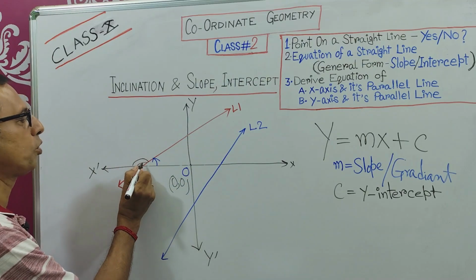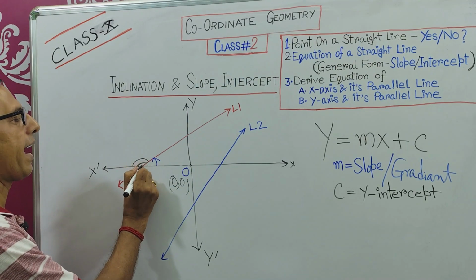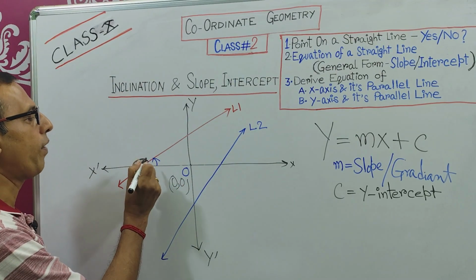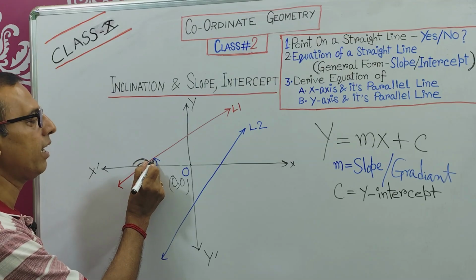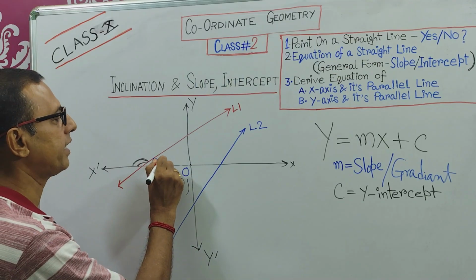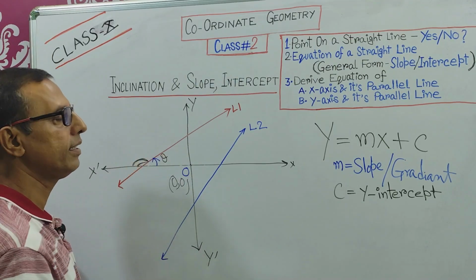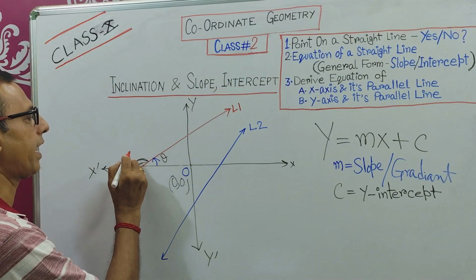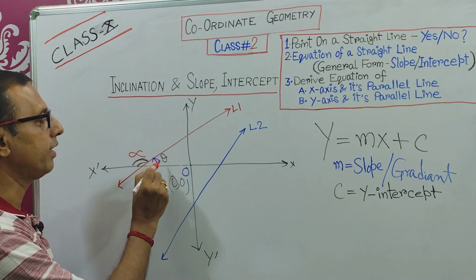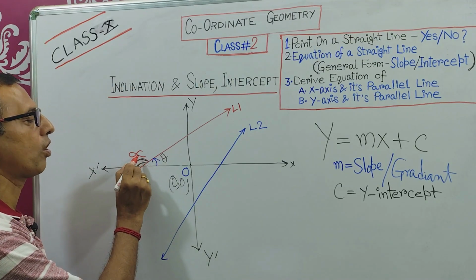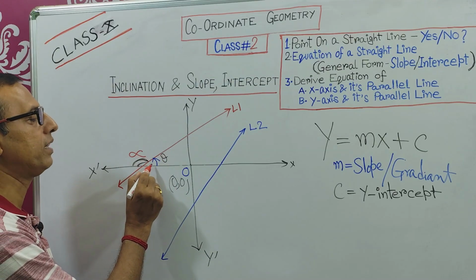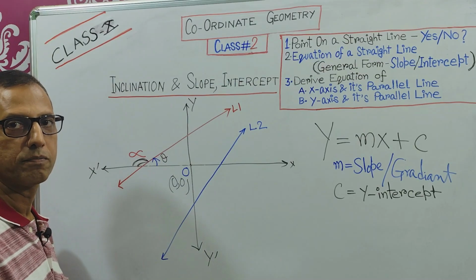So this angle is the angle of L1 with the negative direction of the x-axis, whereas this angle is the angle with the positive direction. If I say this angle is theta, and this angle is alpha, what is the inclination? Inclination is not alpha, inclination is theta, because theta is the angle made with the positive direction of the x-axis.